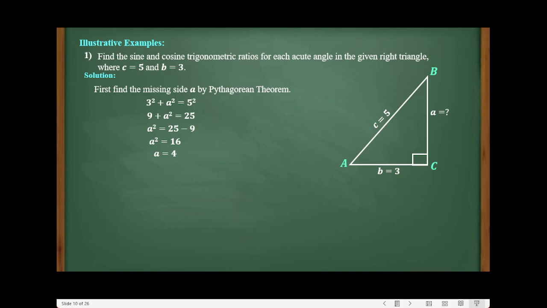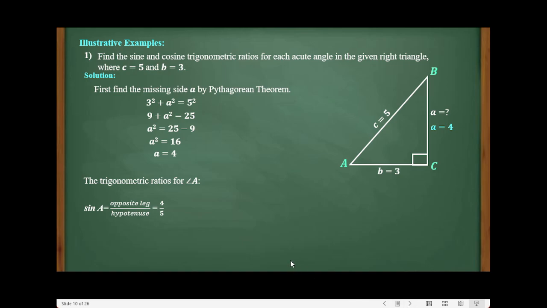So at this moment, we can now define the first 2 trigonometric ratios, the sine and cosine of both acute angles. So the first 2 trigonometric ratios in reference to acute angle A are the following.